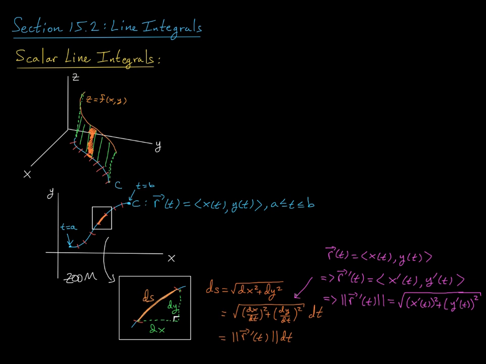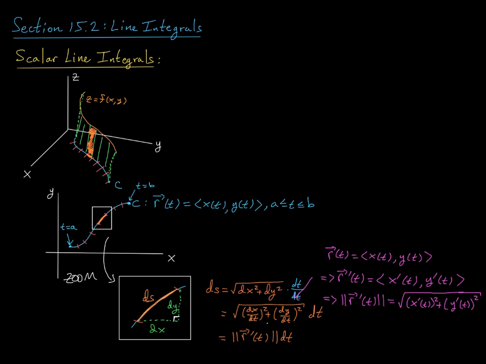Now notice, by doing a little rewriting of this expression for ds, it's a little bit tricky, but if I multiply this expression by dt over dt, and take the dt in the denominator and bring it into the square root, then the inside can be written as (dx/dt) squared plus (dy/dt) squared, and the dt in the numerator just stays there. That's the factor of dt you see on the right.